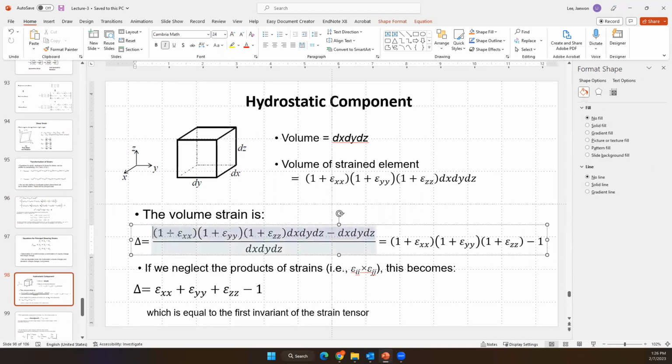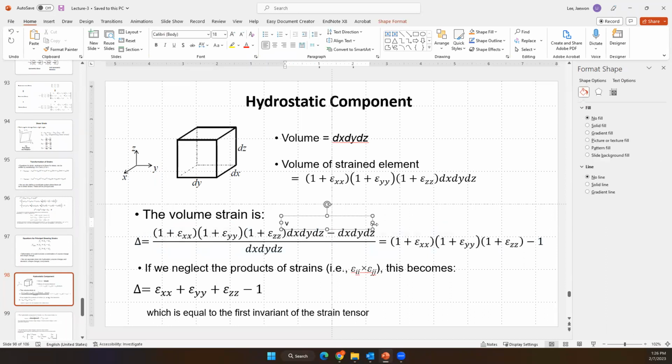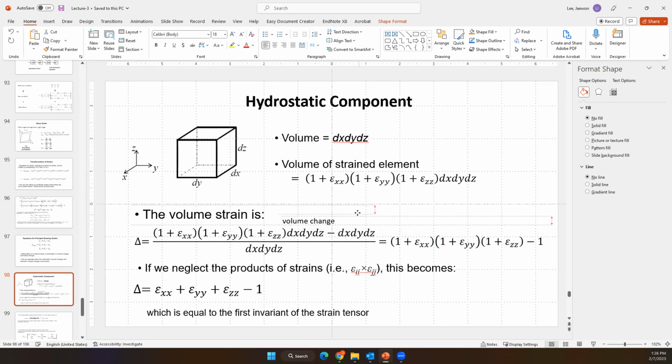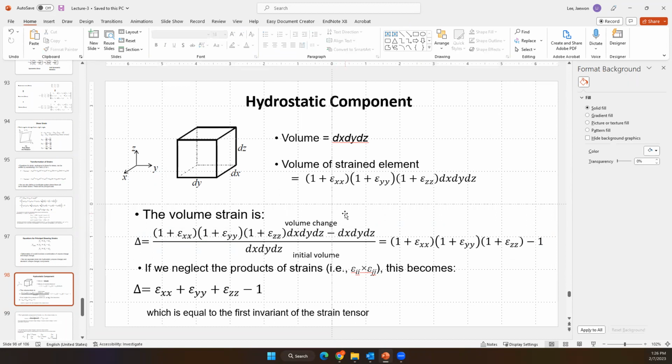Volume strain could be expressed by the volume change over the initial volume. Do you understand?